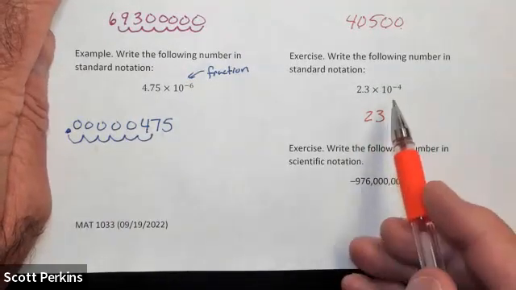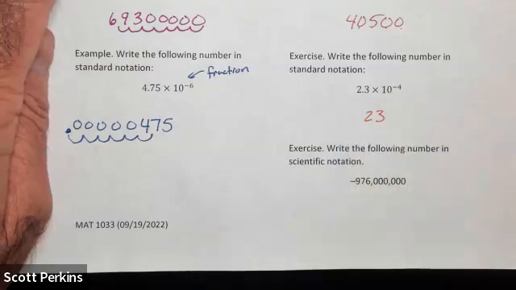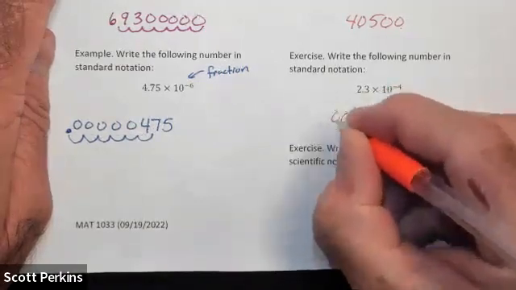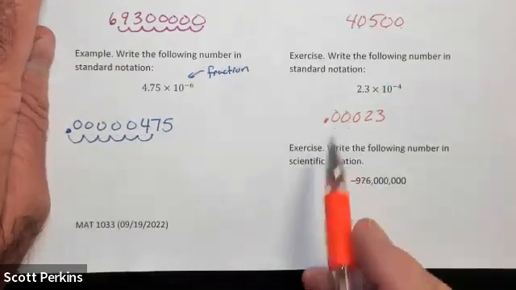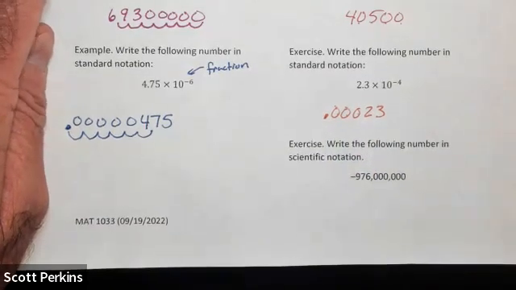And then I'm moving the decimal 4 places. So how many zeros do I need in front of the 2? 3. Yep. 1, 2, 3. And put your decimal right there. And there's my 4 decimal places for my negative 4. 1, 2, 3, 4, including the 2.